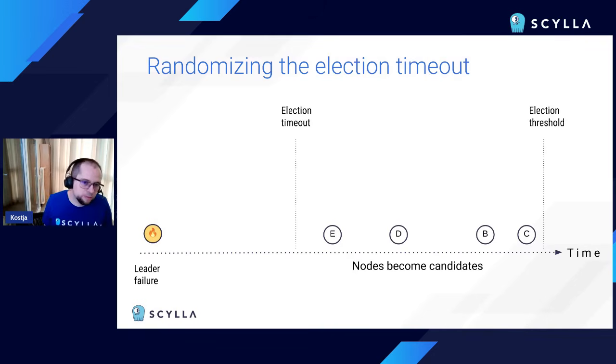So in order to solve that problem, vanilla Raft offers the randomized election timeout. There is the election timeout of, say, 10 ticks, when every node is eligible for becoming a candidate, but the node doesn't immediately become a candidate, to not create a thundering herd problem. It waits for some randomized timeout. We call it the election threshold, and sometime in this random range, it will become a candidate.